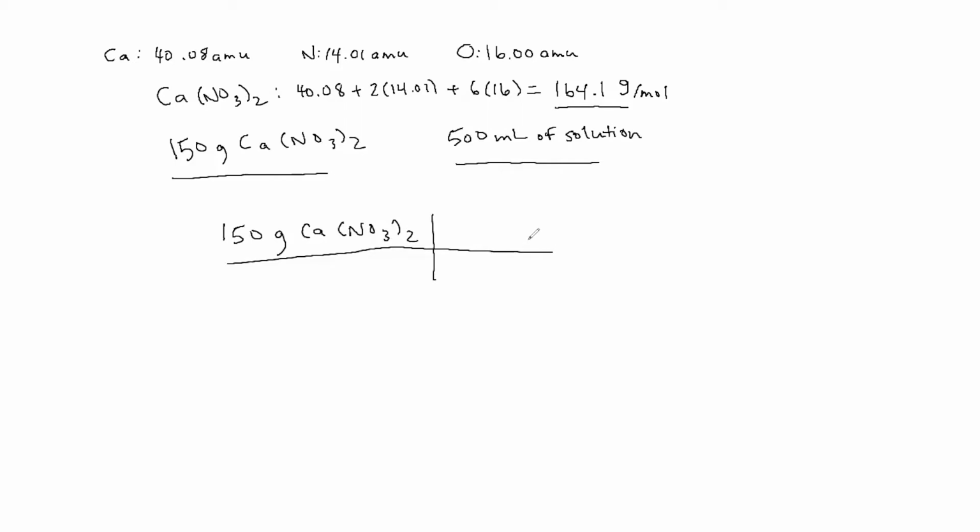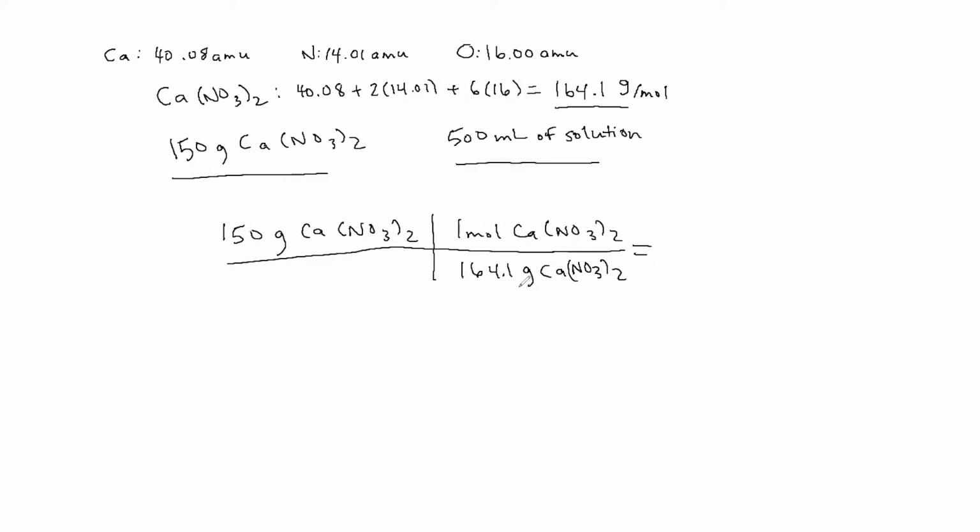So 150 grams times 1 mole of calcium nitrate is equal to, as we've calculated up top here, 164.1 grams. And so when we multiply that out, our grams of what? Calcium nitrate.